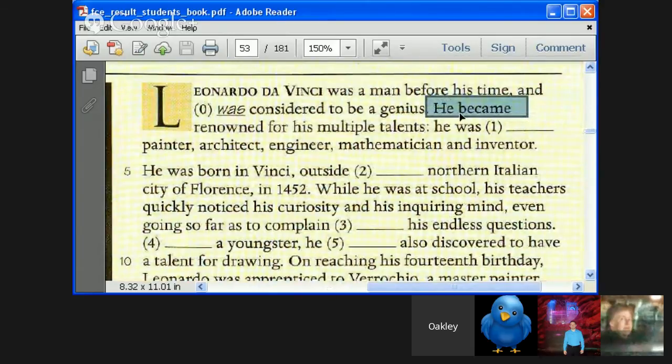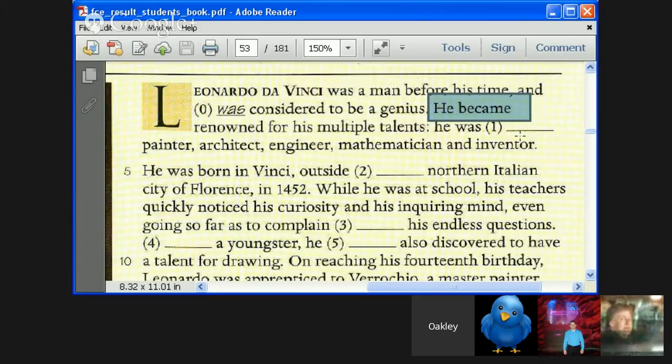Okay, Alexei, here we go. Starting from he became. Leonardo da Vinci was a man before his time and was considered to be a genius. He became renowned for his multiple talents.